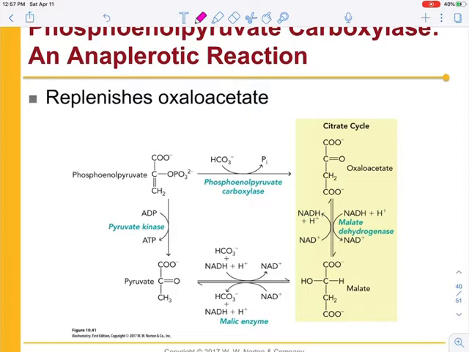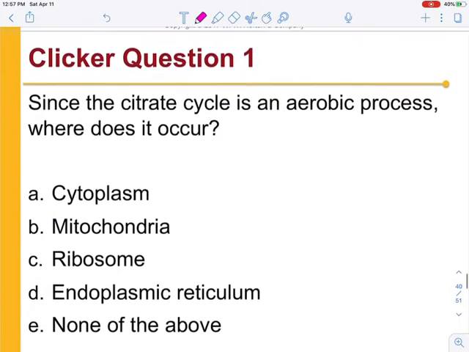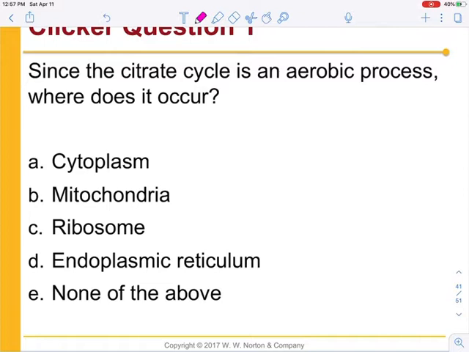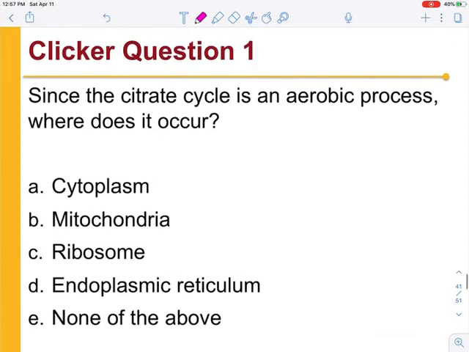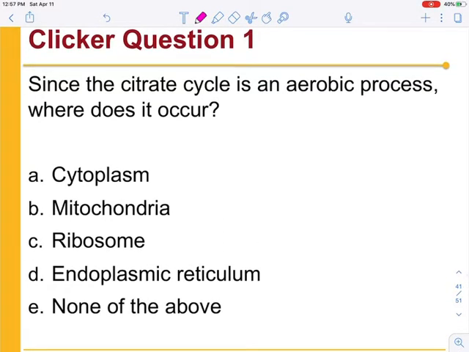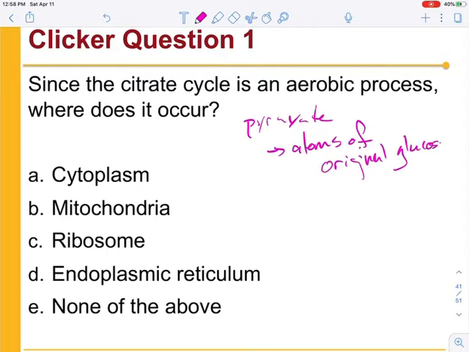So now, what have we done? We have broken down pyruvate. Pyruvate doesn't exist anymore, and we have gotten rid of all of the atoms of the original glucose, in the form of carbon dioxide, and then the hydrogen atoms, which have all sorts of uses.